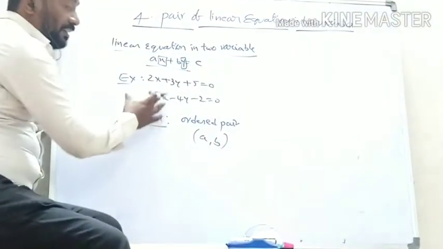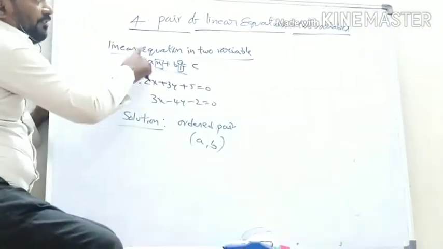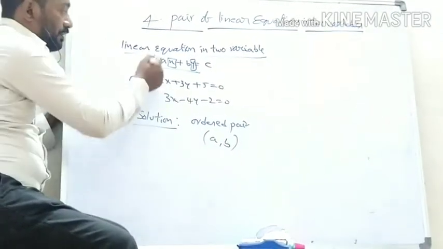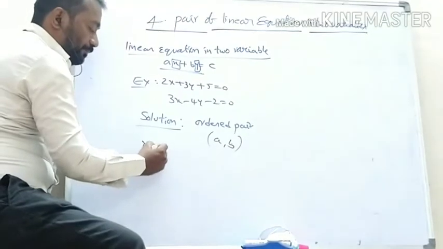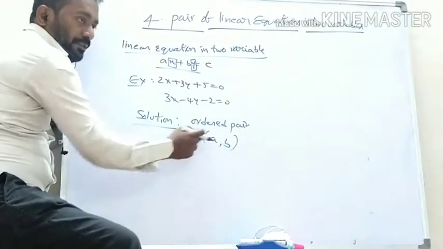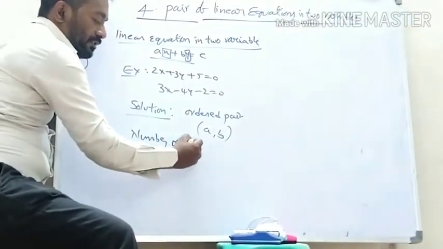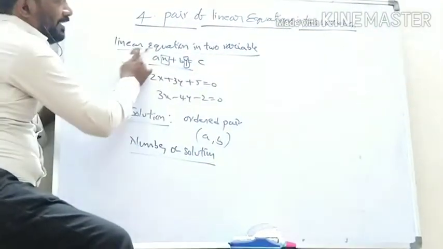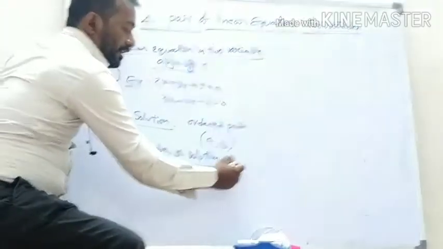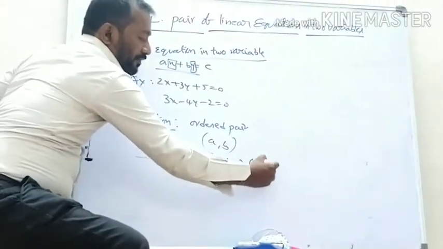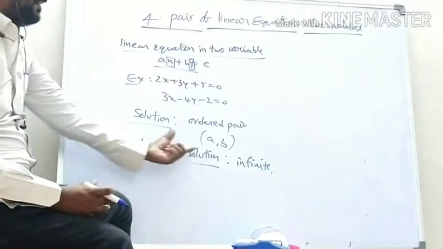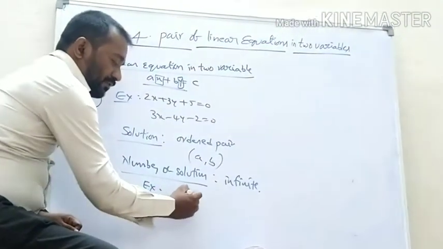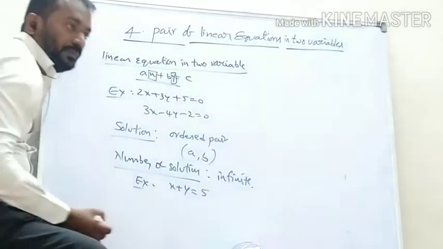Previously, for a linear equation in one variable, the number of solutions is only one. But for a linear equation in two variables, where the solution is an ordered pair, there are infinite solutions. Infinite solutions means infinitely many ordered pairs satisfy the given equation. Take the example x plus y is equal to 5.